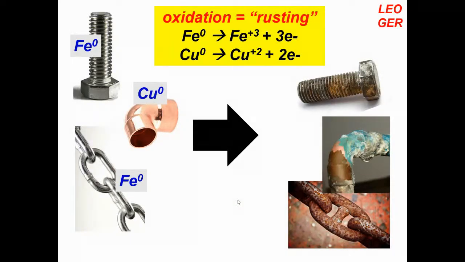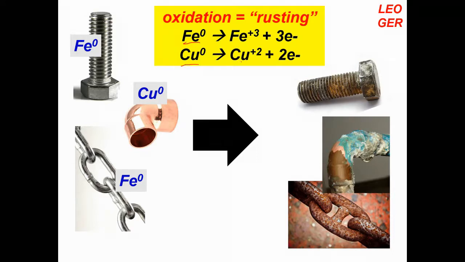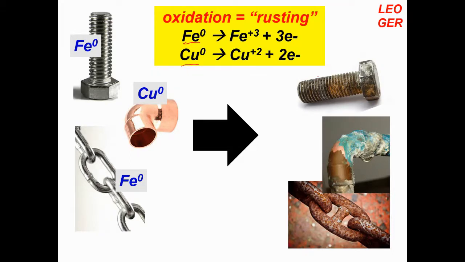Rusting is oxidation because those solid iron atoms and those solid copper atoms turn into iron ions and copper ions that then bond and form other compounds, these crusty looking cruddy compounds, like Fe3O4 or Fe2O3. That's what iron rust is, or copper oxide, CuO or Cu2O3. Okay, rusting is oxidation because atoms turn into ions.